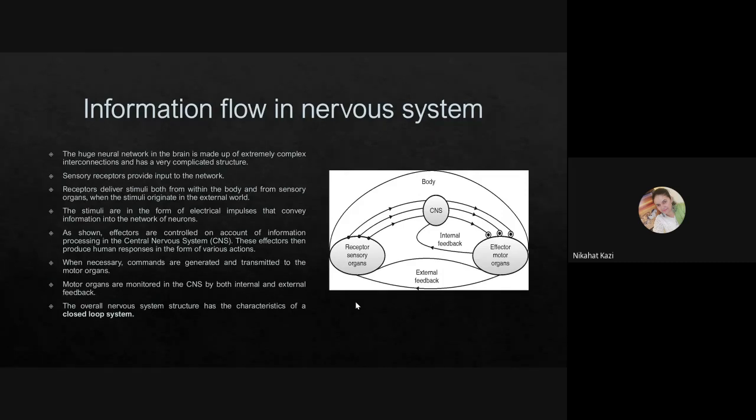These stimuli are in the form of electrical impulses which convey information into the network of neurons. There are elements called effectors, which are controlled on account of information processing in the central nervous system. These effectors produce the response generated as part of the stimuli received.